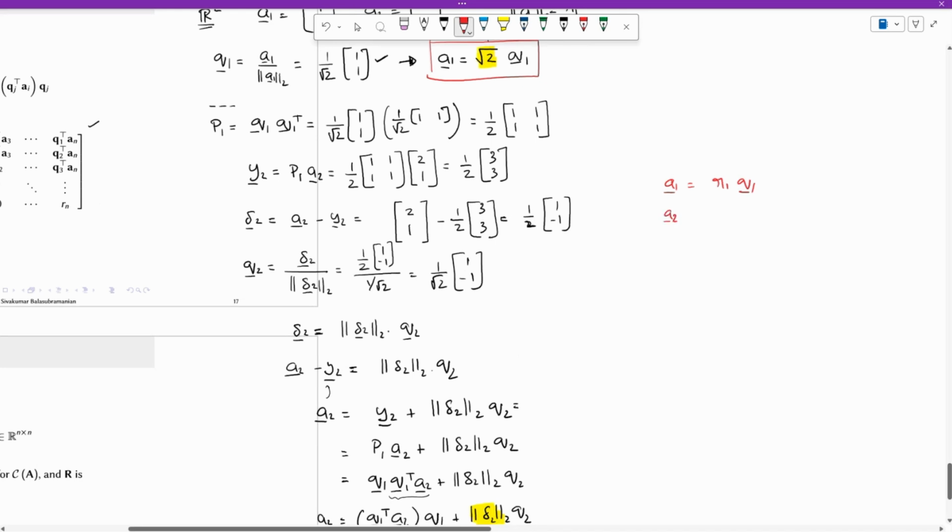And A2 is Q1 transpose A2 multiplied by Q1 plus R2 Q2. Right? That means if I express these as columns of a matrix, I will have A1, A2, and I have Q1, Q2.